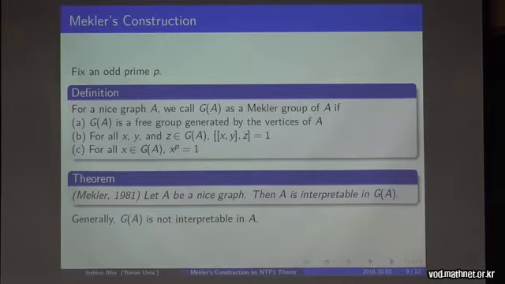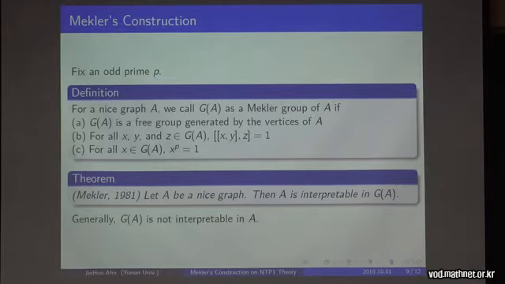But before that, let's look at the definition. Suppose you have a nice graph. For example, this one is a very good example of a nice graph. From this nice graph, we generate GA, a Mekler group of A, such that GA is a free group generated by the vertices of A. That means GA is nothing but a word group. For example, the ingredients are the nodes.